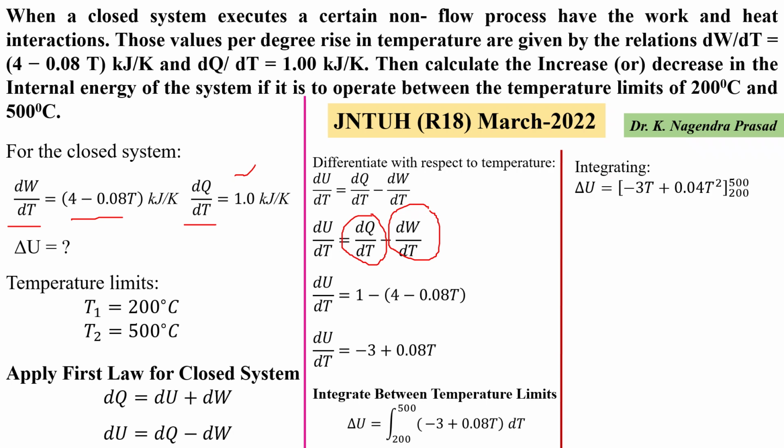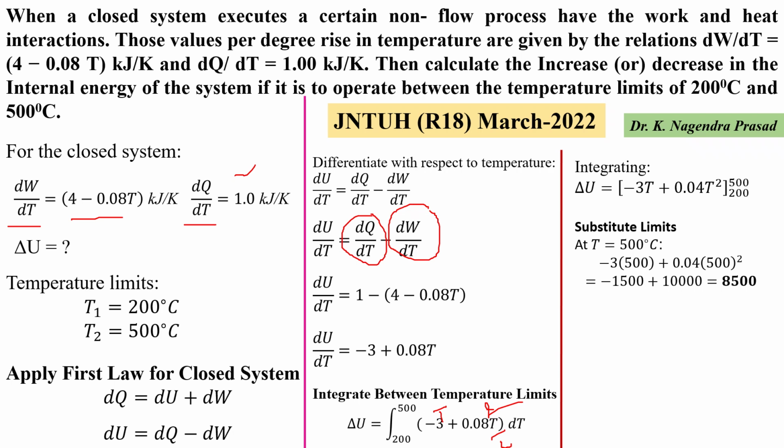Integrating, we get delta U equal to minus 3T, and T becomes T squared by 2, so 0.04 T squared. So delta U equals minus 3T plus 0.04 T squared, with limits 200 to 500.